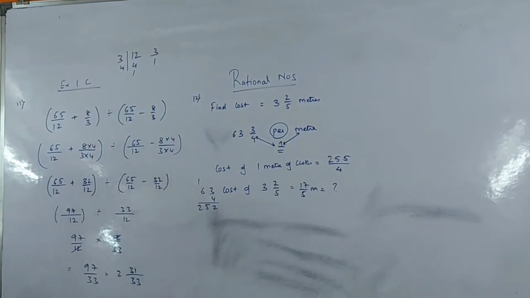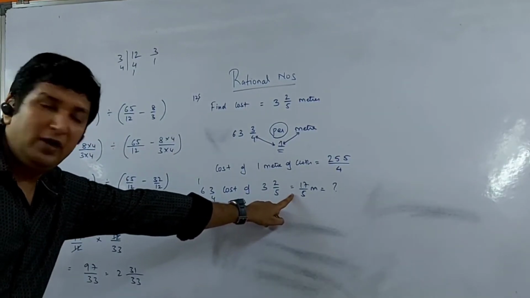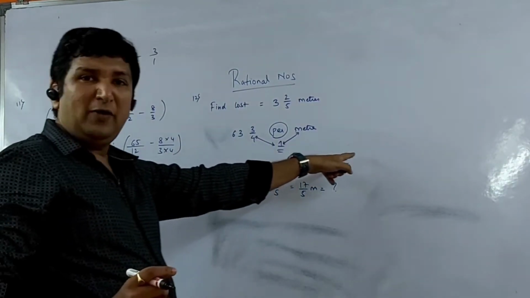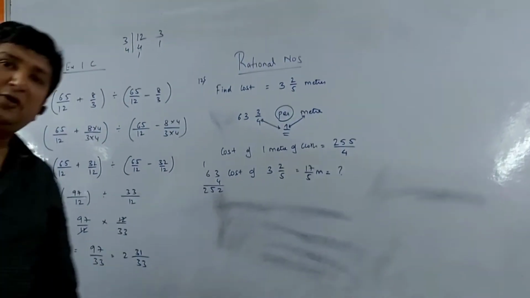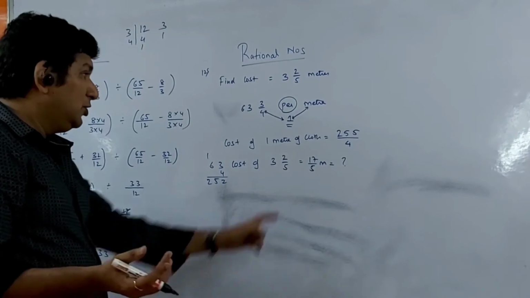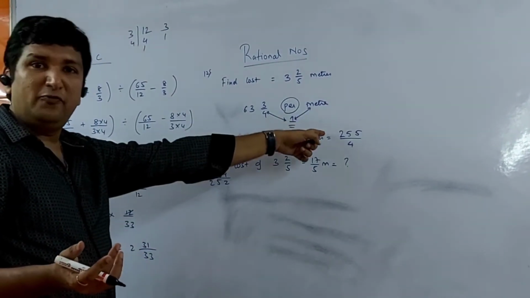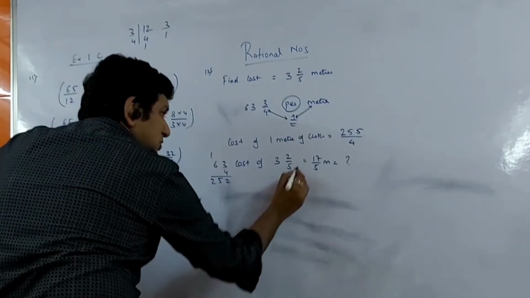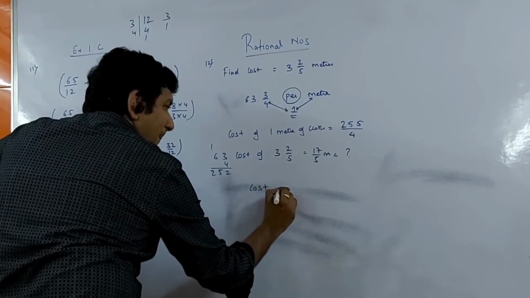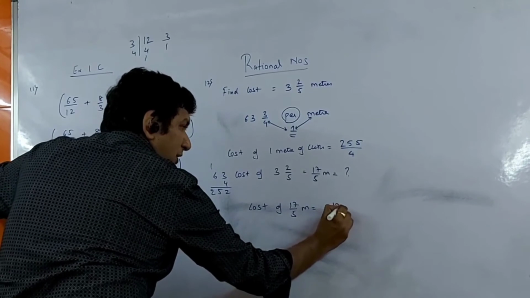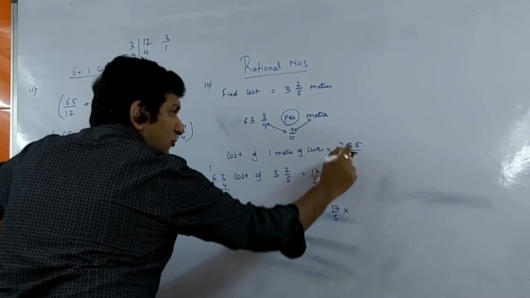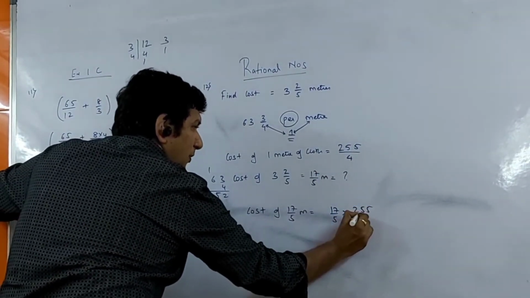So what is the quantity? 17/5. What is the cost of 1 meter? 255/4. I have told you, whenever you want to find the cost of a certain quantity, you just have to multiply your quantity into the cost of 1. So the cost will be quantity 17/5 into cost of 1, 255/4.